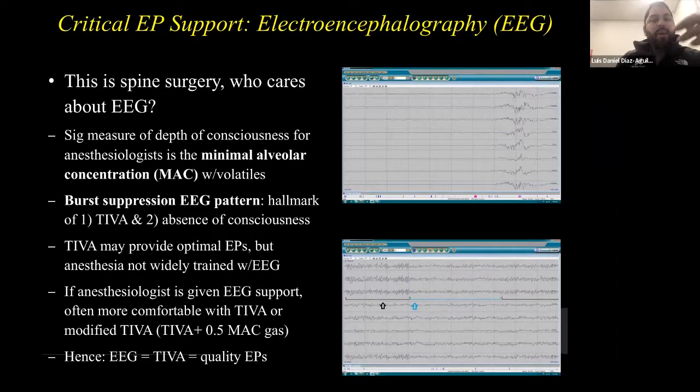However, once they become familiar with the use of burst suppression on an EEG, which is a hallmark of absence of consciousness or the full use of TIVA, it can provide for more optimal electrophysiology recordings, and therefore greater sensitivity and specificity for the surgeon during its use.